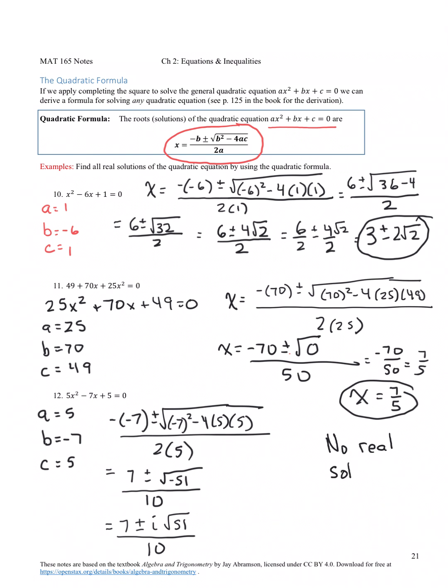Now be careful, because if we were to ask you for all solutions, you would include the imaginary answers as well. That's when we're asking for all solutions. But if they say only the real solutions, in this case, we cannot have an imaginary number in our answer.